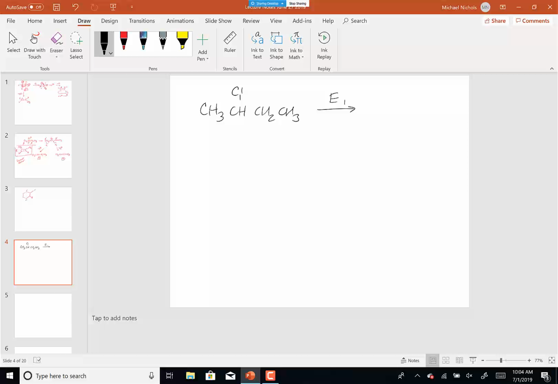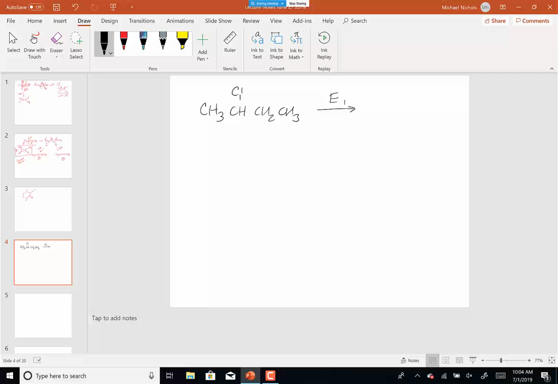So anytime we're going to broaden our reactions out here in the next few days, the key thing is always 2, no carbocation; 1, carbocation intermediate. So this is the reaction that we did the other day with E1.